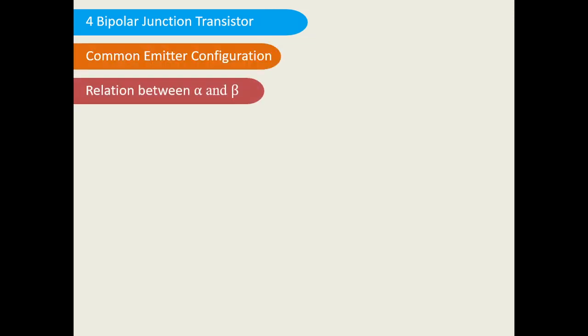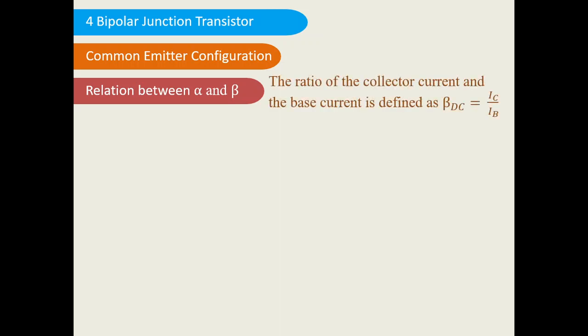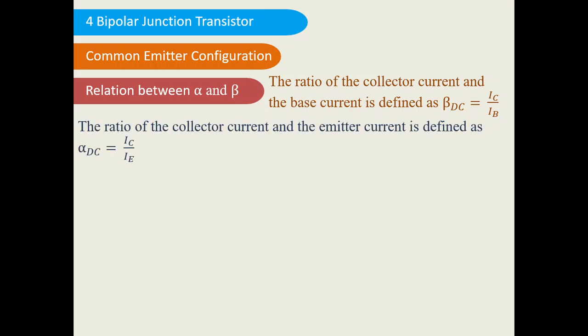Next we are going to derive a relation between alpha and beta. What is the beta definition? The ratio of collector current to base current is defined as beta, the current amplification factor: beta is equal to IC divided by IB. The ratio of collector current to emitter current is defined as alpha: alpha is IC divided by IE.